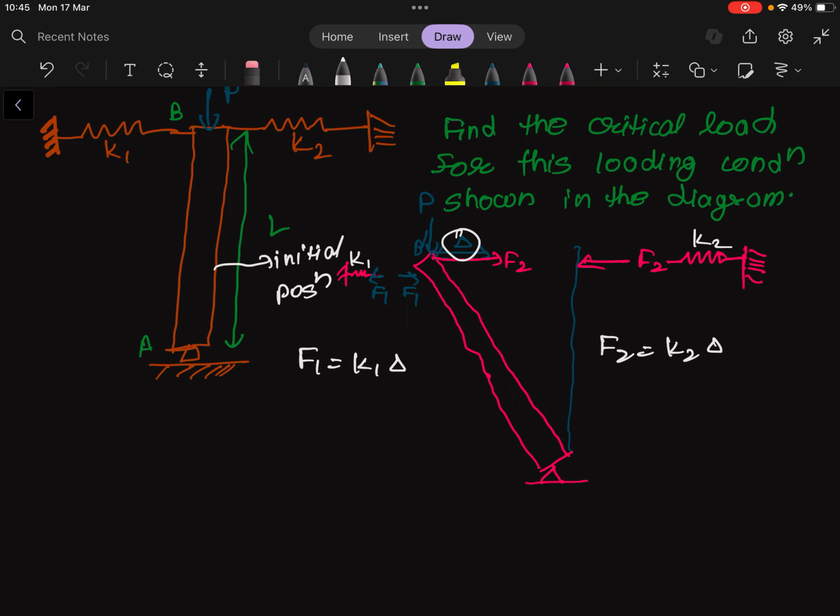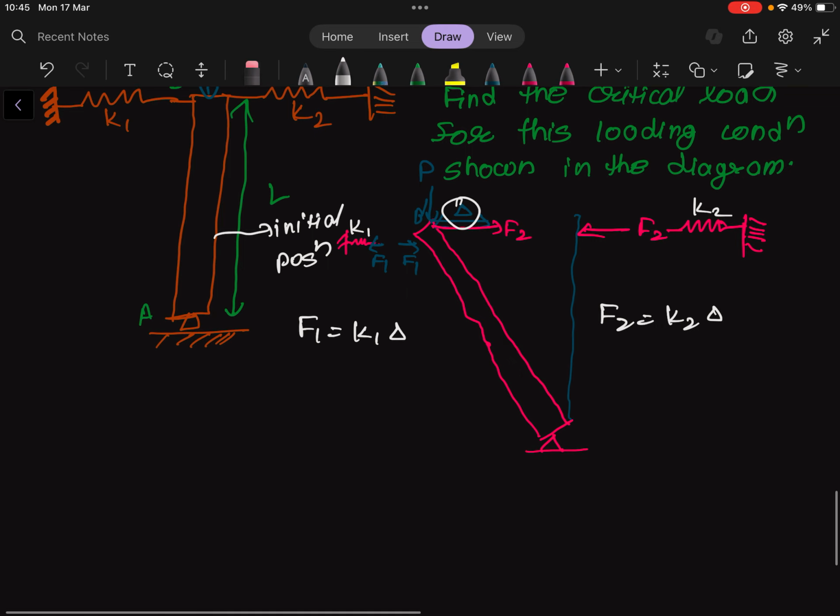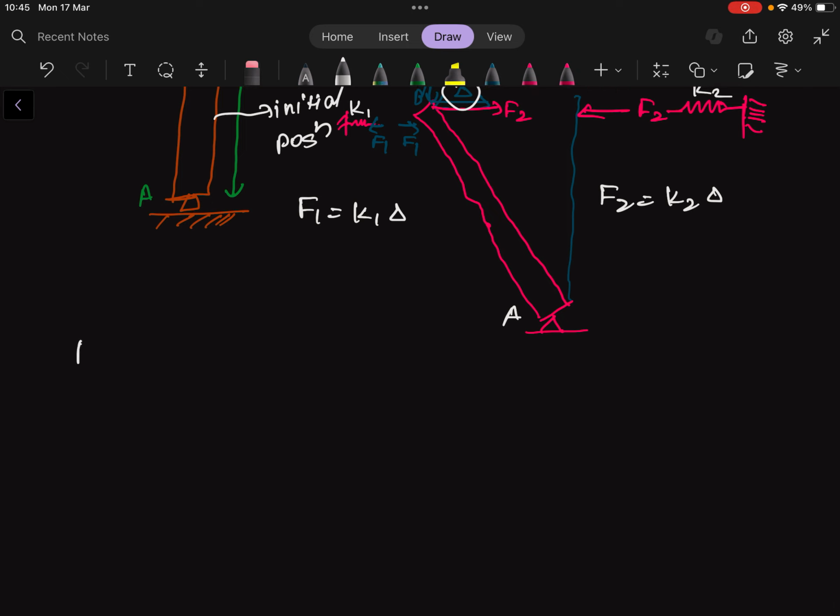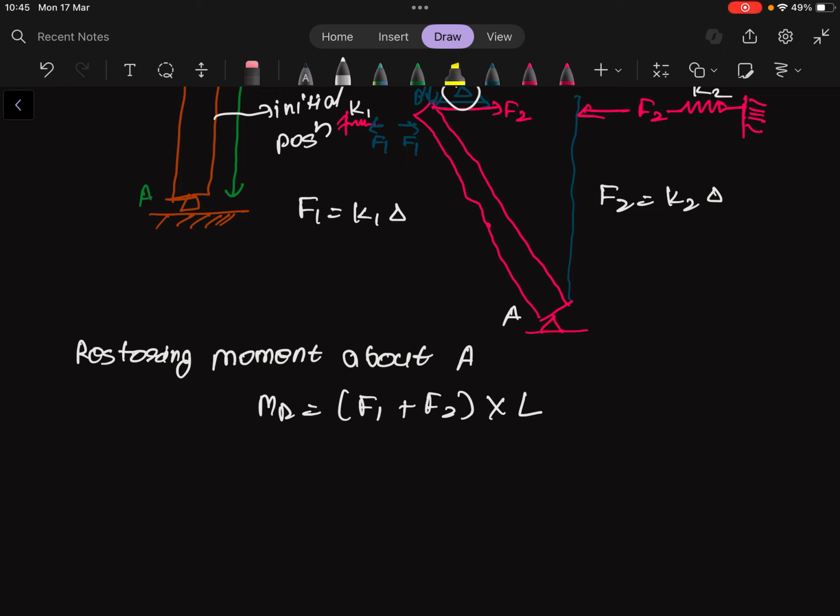So restoring moment about A. So this is our A position. Restoring moment about A is given by equation MR equal to F1 plus F2 into L. Now let's substitute the value of F1 and F2 in this equation.